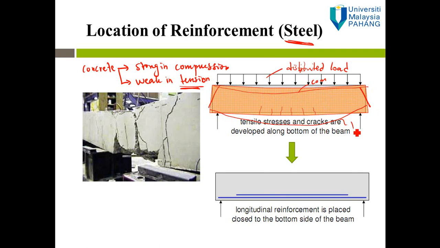The bottom part will be in tension. So in order to support the tension stress, we put the steel rod only at the location where the stress is in tension.